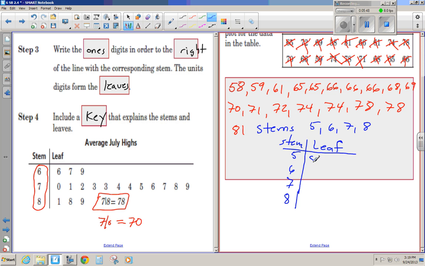That means it's an 8 here. 59, 61, 65, 65, 66, 66, 66, 68, 69, 70, 71, 72, 74, 78, 78, and 81. So we then took all of the individual singles and put it through here. Now you can't be done until you say that 8 | 1, what does that equal? 81.